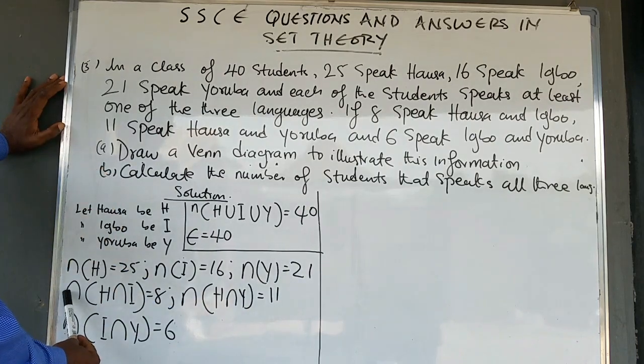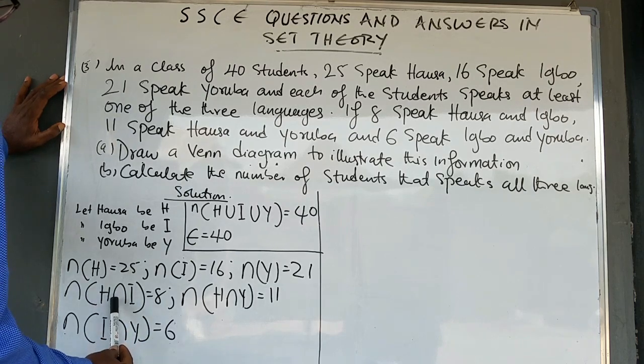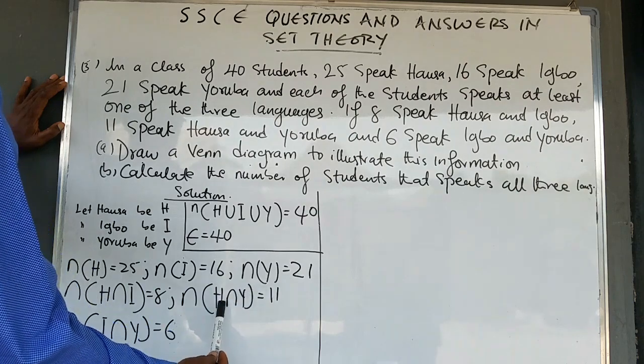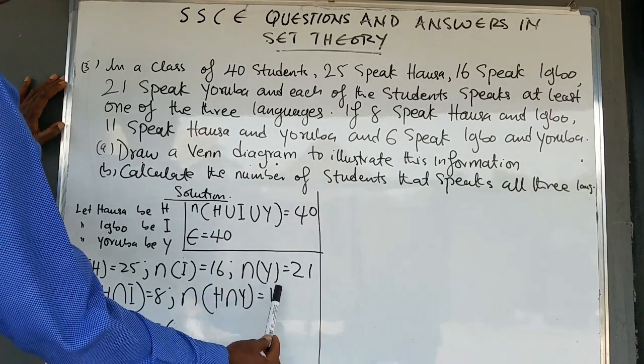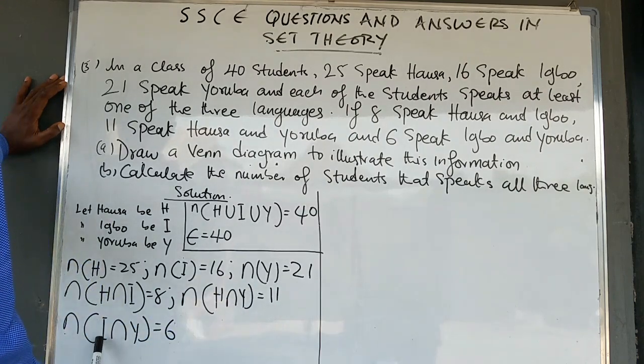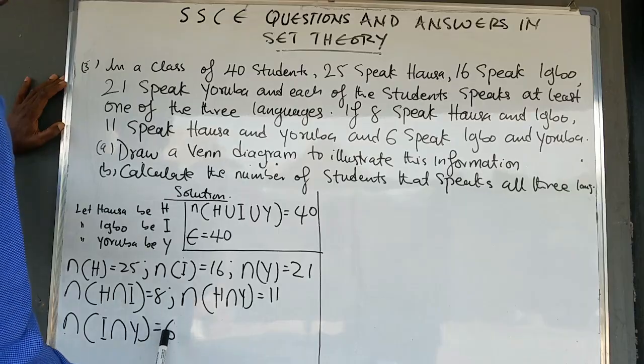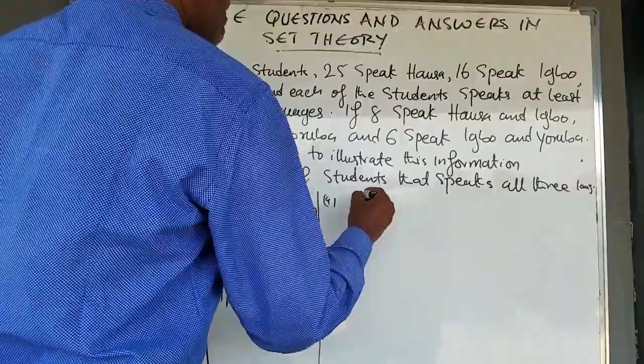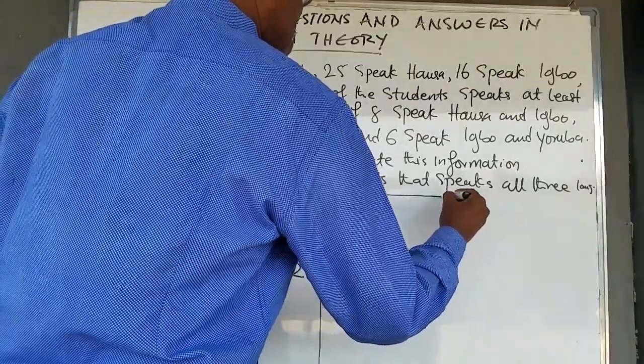Then the number of people that speak Hausa and also speak Igbo is 8, H intersection I, 8. Number that speak Hausa and also Yoruba is 11, H intersection Y, 11. Number that speak Igbo and also Yoruba is 6, I intersection Y, 6.